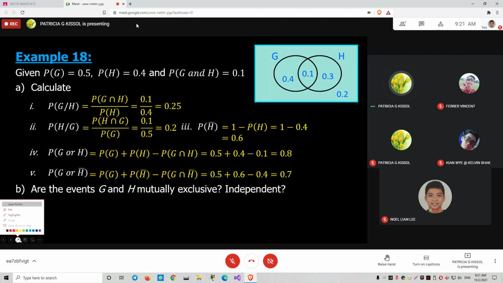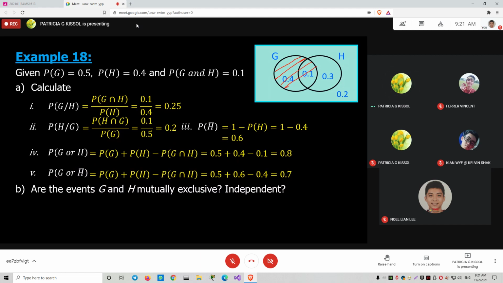So here, how do we get 0.4? It is based on the area. You can see from the diagram, we know the probability of G is all this area.